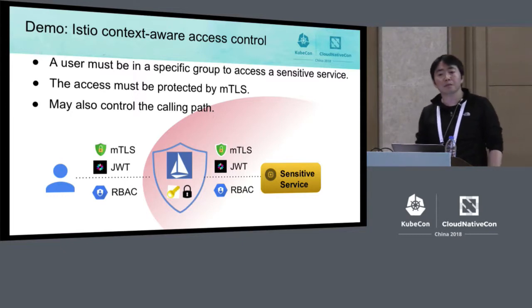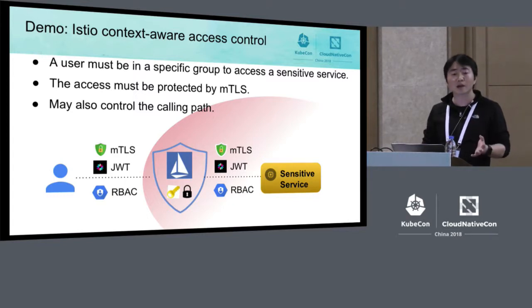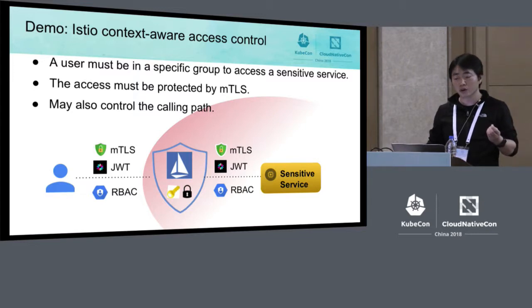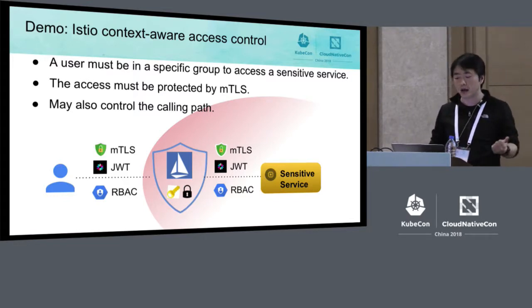In this demo, whether the access is granted or denied is based on two pieces of context information. One is whether the end user belongs to a specific group. If the end user is not in this group, then access will be denied.